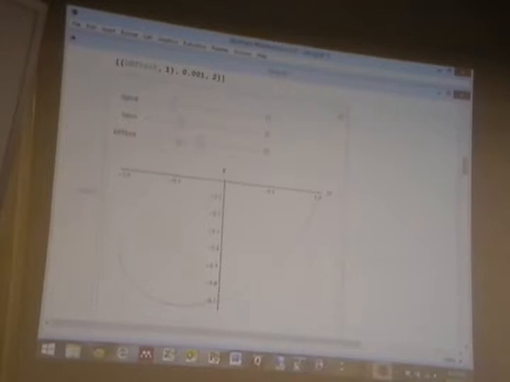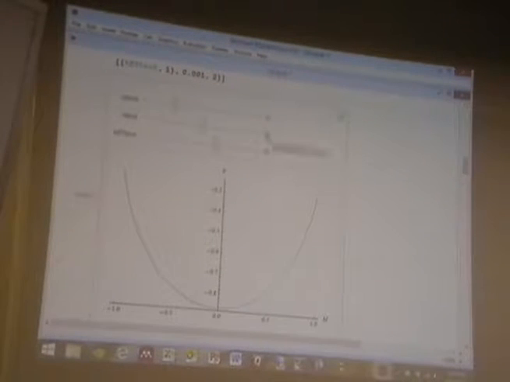When it's a negative field, I get a negative magnetization. So it responds approximately linearly to the applied field for small field, and then it saturates at a maximum value. Now let me put the field back at 0.